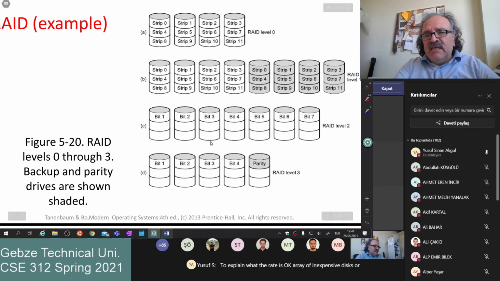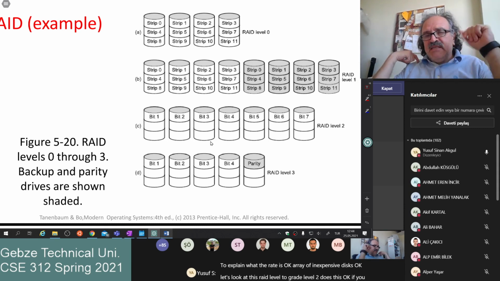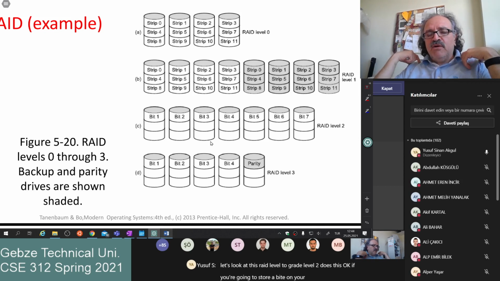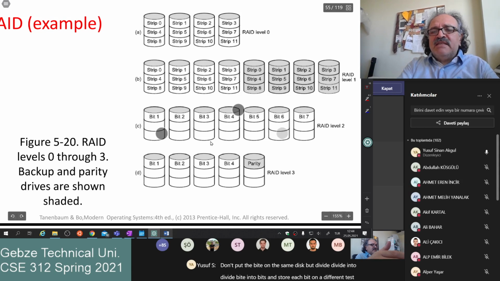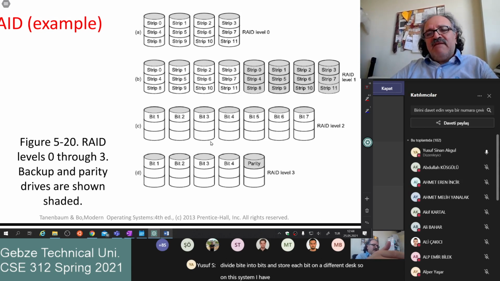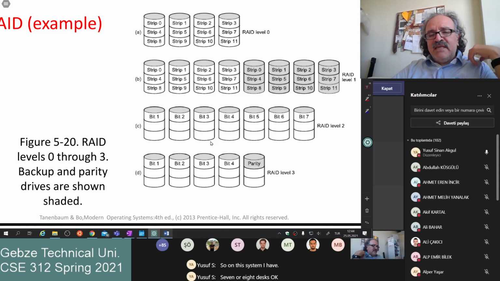Let's look at this RAID level 2. RAID level 2 does this. If you are going to store a byte on your disk, don't put the byte on the same disk, but divide the byte into bits and store each bit on a different disk. So on this system I have 7 or 8 physical disks.